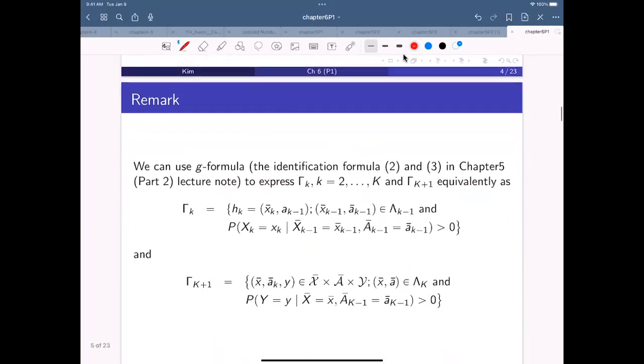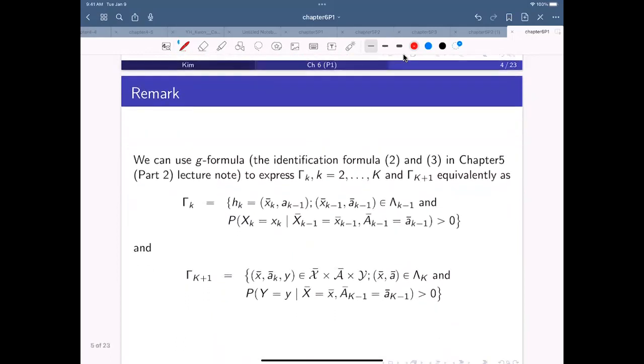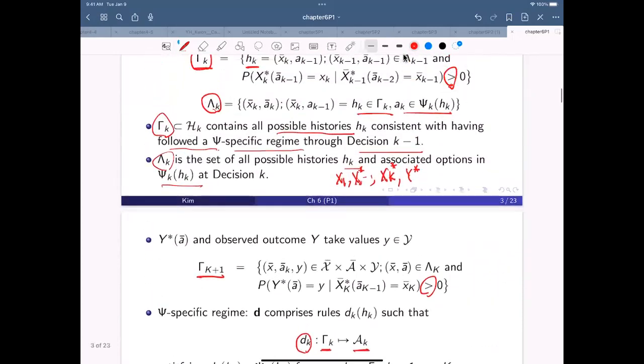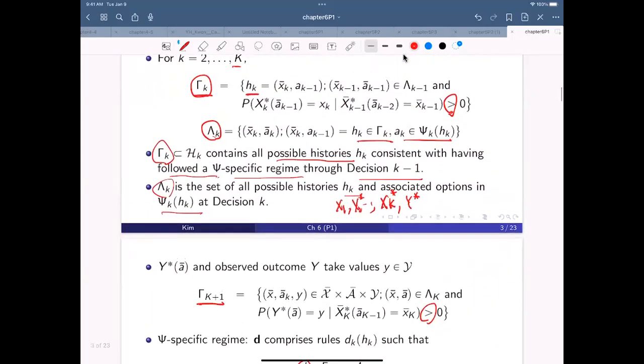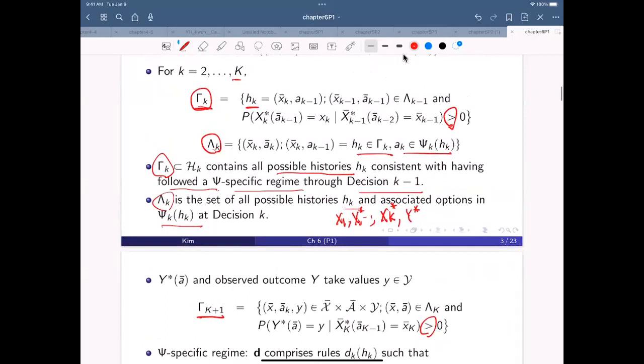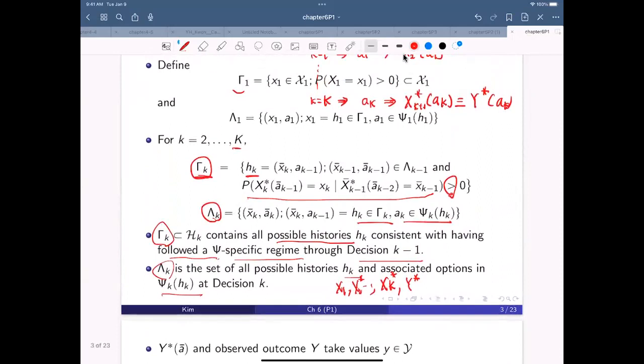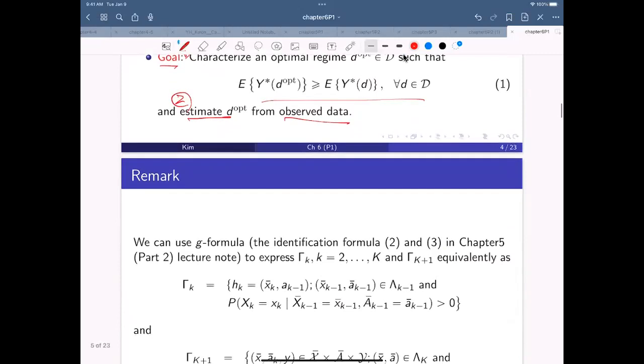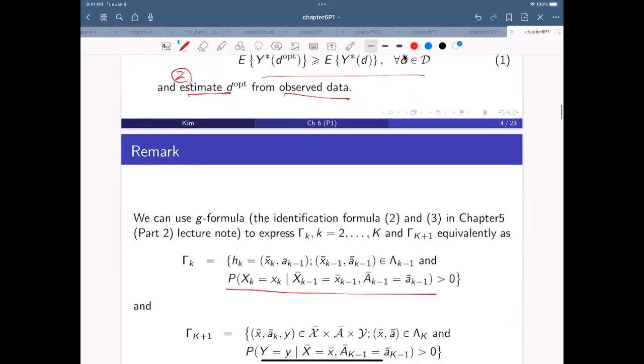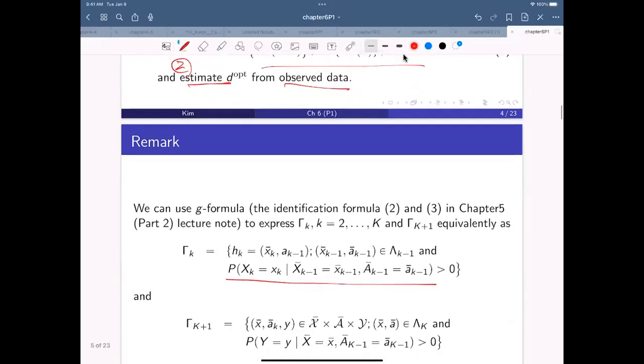First remark is that the possible set, this property, is written in terms of the potential outcome, but it can be expressed as a property in terms of the observed one. That is basically the G formula.